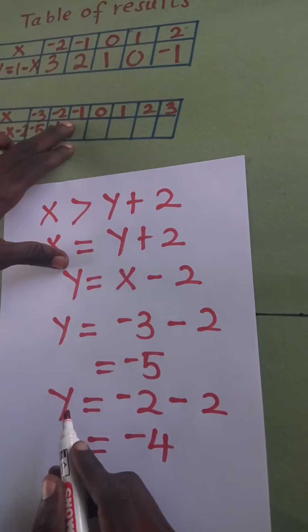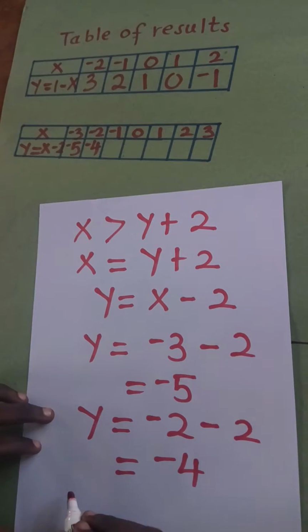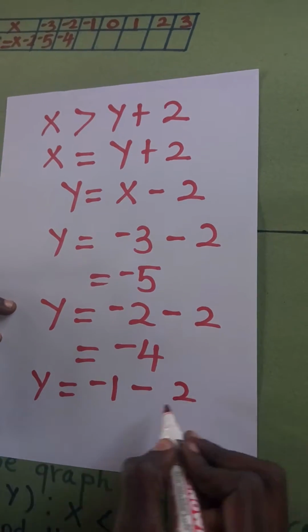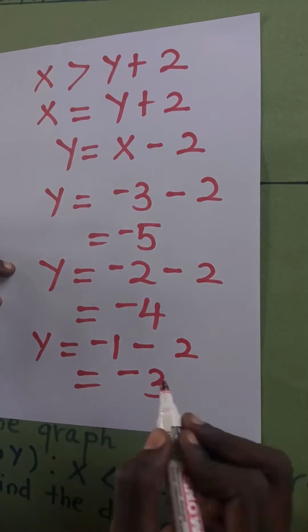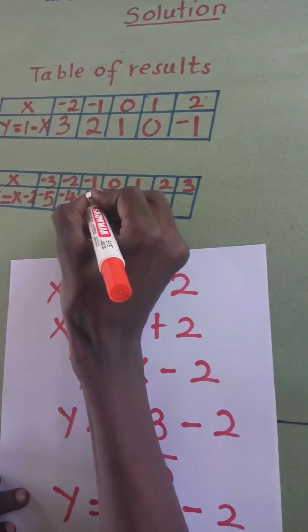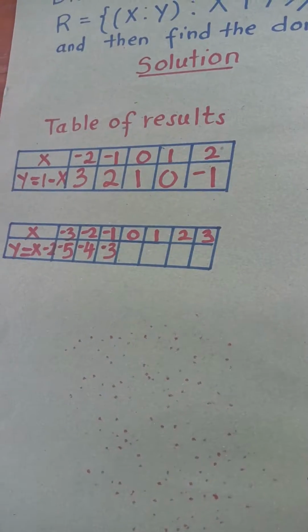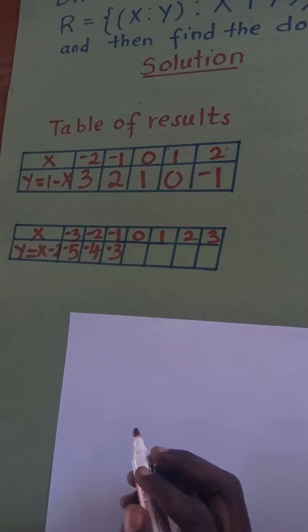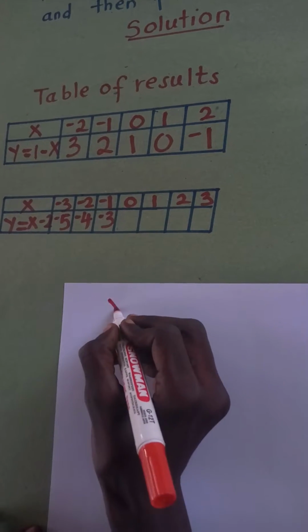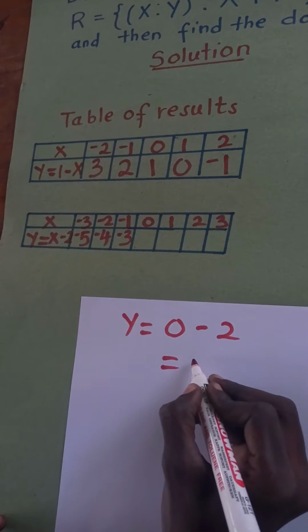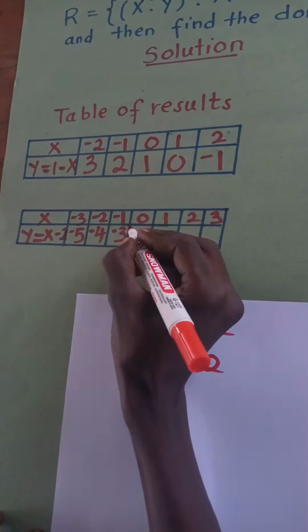When x is equal to negative 1, y is equal to negative 1 minus 2, which is equal to negative 3. When x is equal to 0, y is equal to 0 minus 2, which is equal to negative 2.